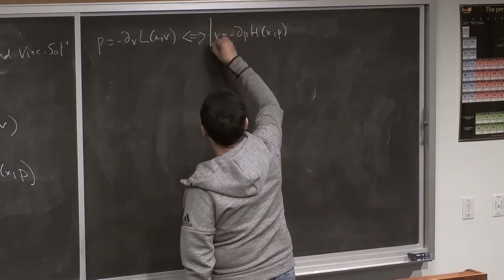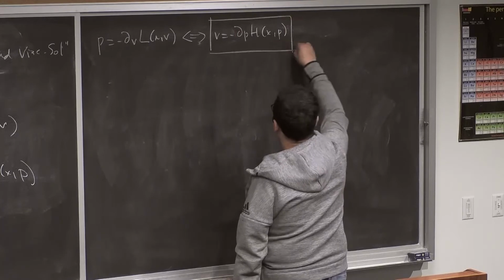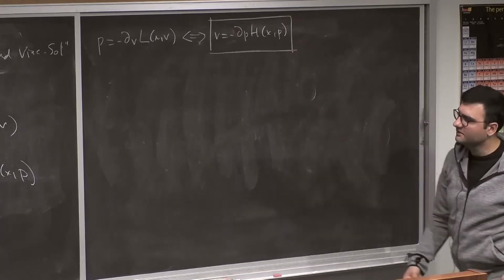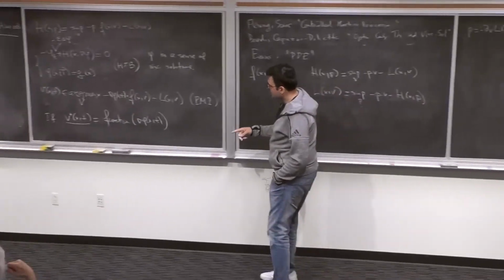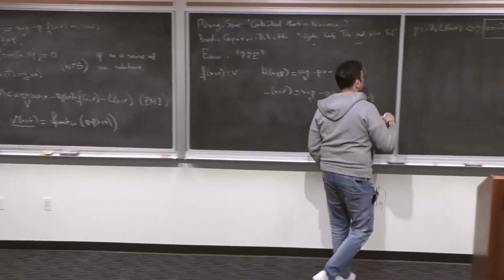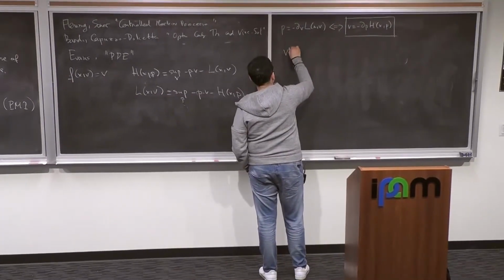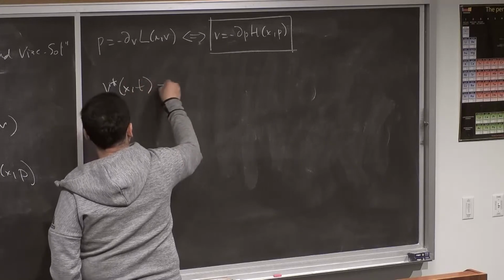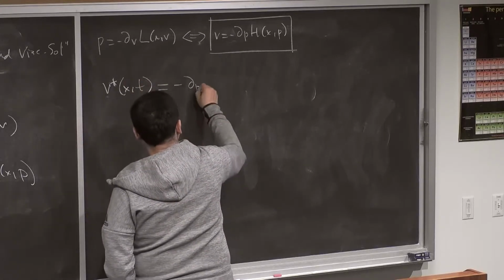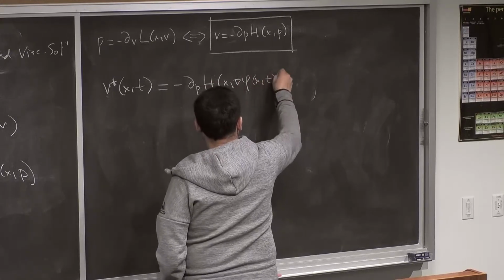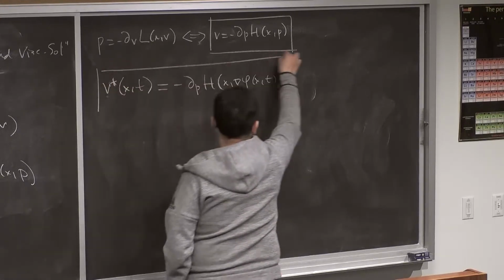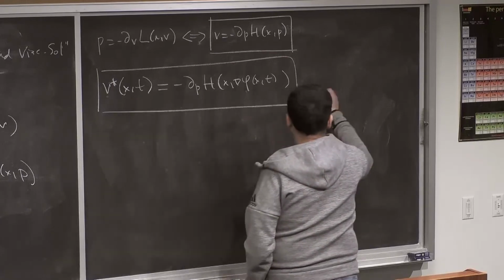And we are going to be using later this specific one. And so in this case, what we'll have is that V star xt is given by minus... so this is the feedback form.